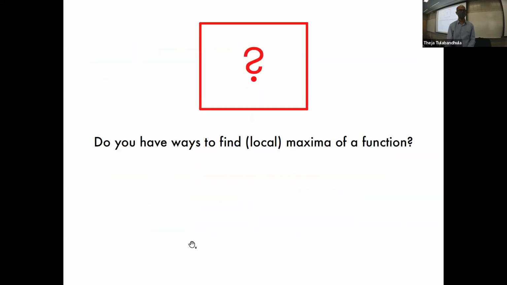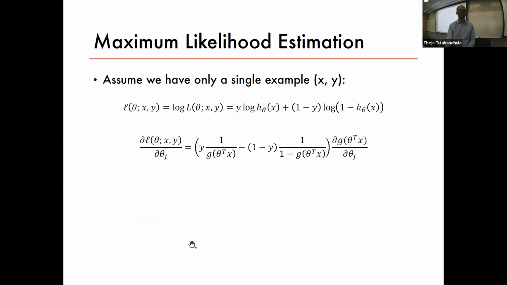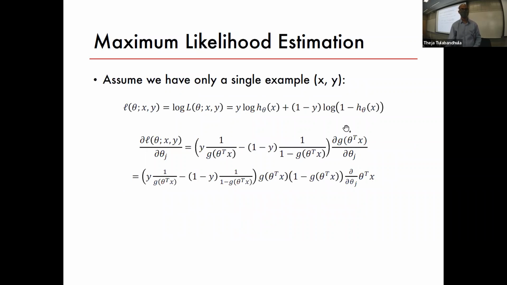So we're going to use that here. So g of z is here theta transpose x, so g of z times 1 minus g of z. And then what is the gradient of this thing? The last term is something that we saw even when we were dealing with linear regression. The partial derivative of theta transpose x with respect to theta j is just xj.